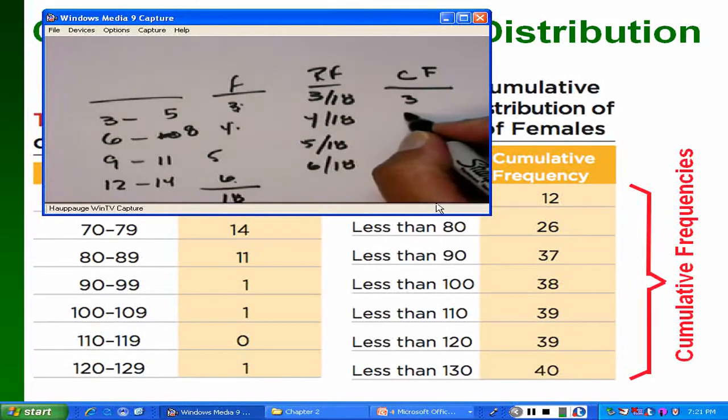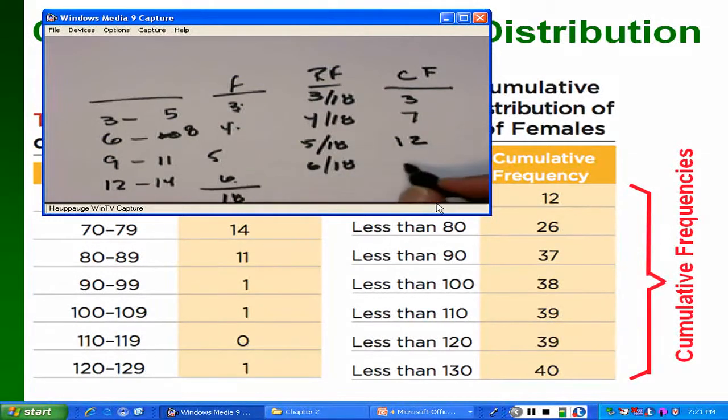What's 3 plus 4? 7, right? Then you take 7 plus 5, which is 12. Then you take 12 plus 6, which is 18. So you're accumulating each time, adding them up each time. That's your cumulative frequency.